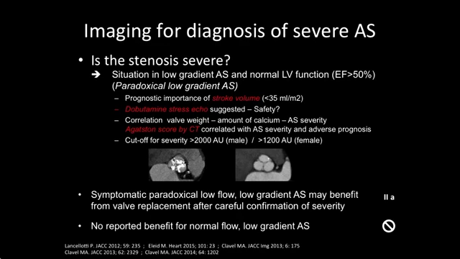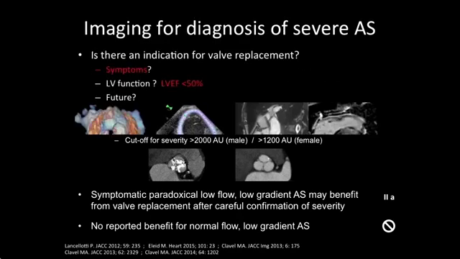Another approach is based on the degree of valvular calcification, as a correlation has been reported between the valve weight, amount of valvular calcium, and stenosis severity. Registry data have proposed to use the CT Agatston score with a cutoff value of 2,000 units in males and 1,200 units in females to diagnose severe stenosis or to help diagnosing it.